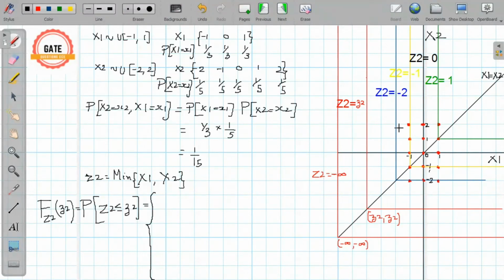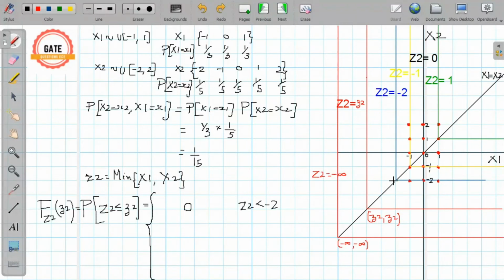So the first conclusion we can write: for Z2 less than minus 2, there is no point out of these 15 points for any boundary lying in this region. So in this whole region, there is no boundary that overlaps with these 15 points, so this probability is 0.